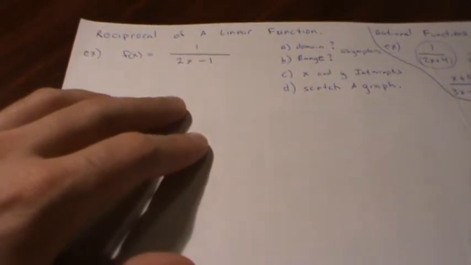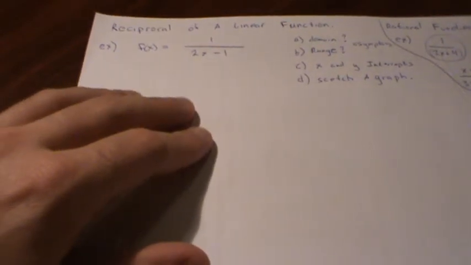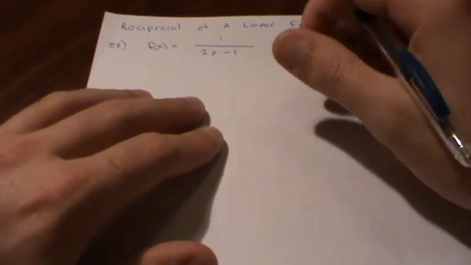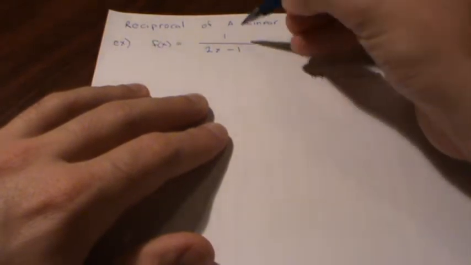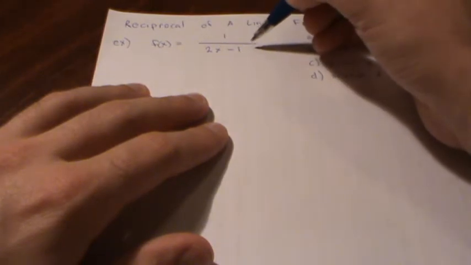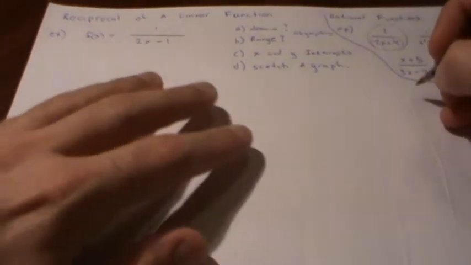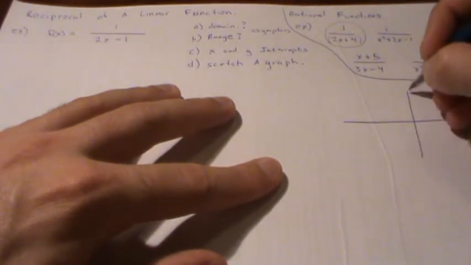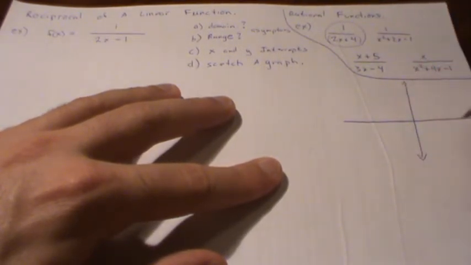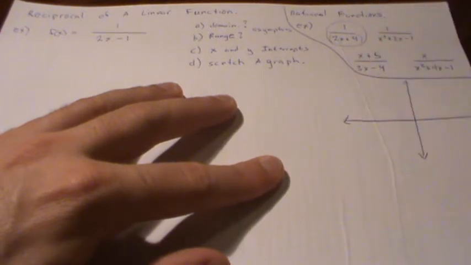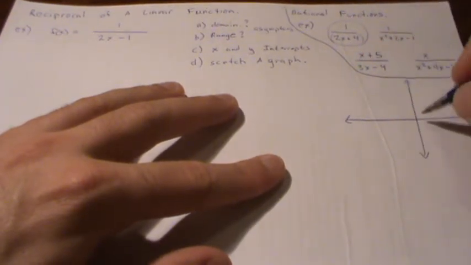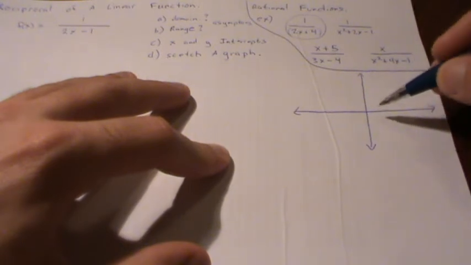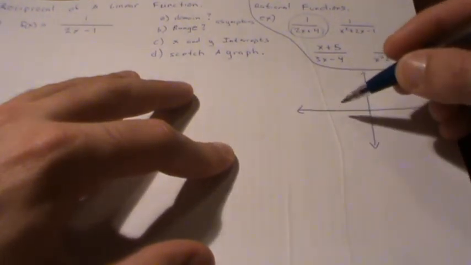Okay, and so let's start with this. How do I find the domain of this? Remembering what the domain is, the domain is any x value that I can plug into the function and get a reasonable answer.